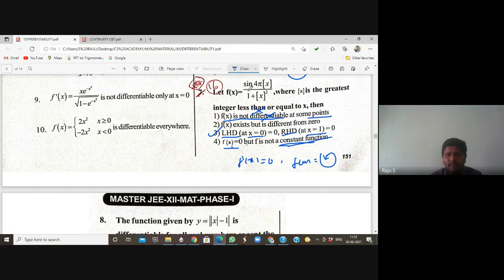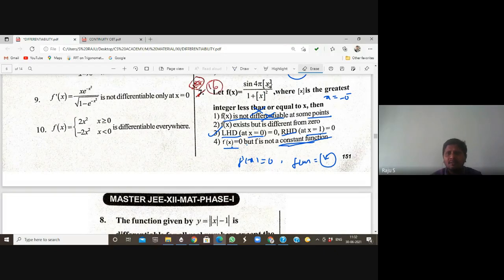Does f of x exist here? It will become 0, because the denominator should not become 0, since the square will be there. You may get doubts, sir, when x is 0 minus, 0 minus plus 1 minus 1 becomes 0.